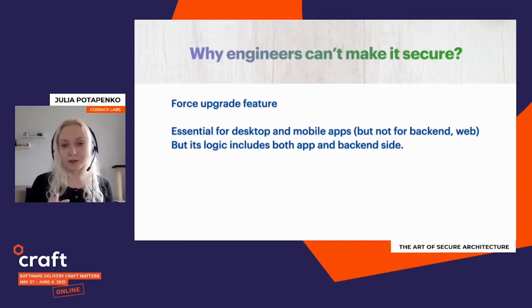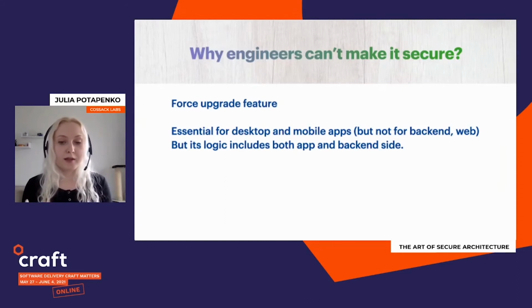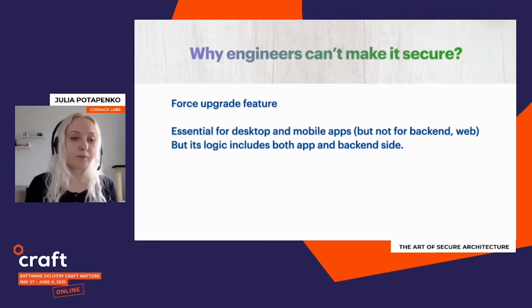So there is such a mechanism as force upgrade, when your backend knows the latest version and validation happens on the backend or client side, and then some error handling logic is added so the user cannot use the app without the update. And usually this is some very specific logic for the application, not like for all the other errors that may appear.